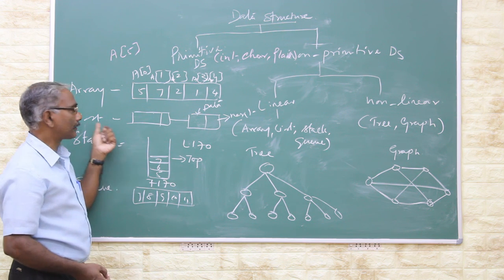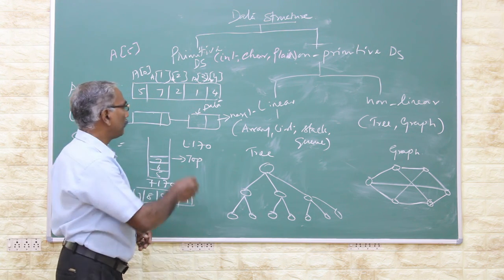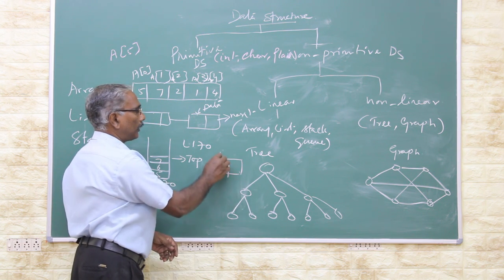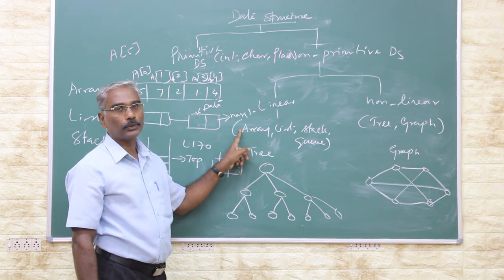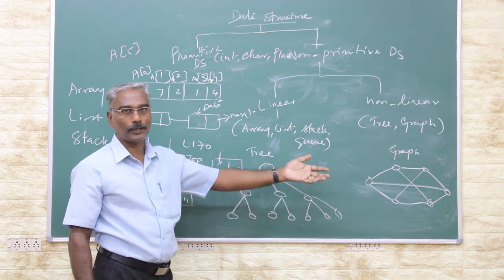The next one is the list. The list consists of nodes. A node consists of two parts: one is the data part and the next one is the pointer, the address pointing to the next element.